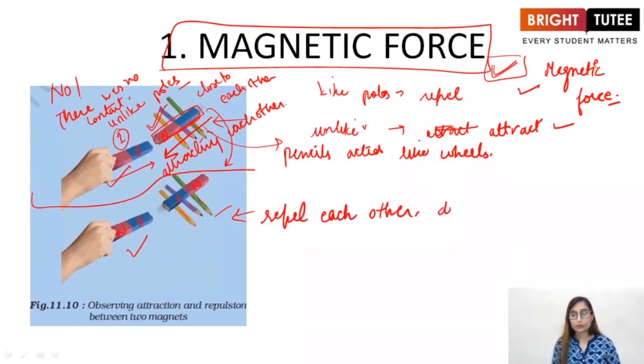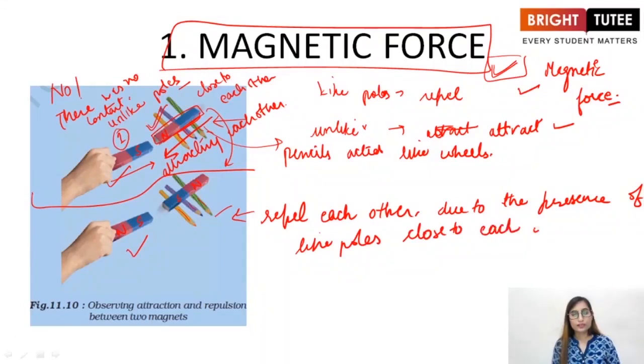Because like poles were close to each other, they started repelling and the magnet moved in the opposite direction. Pencils again acted like wheels and it moved in another direction.